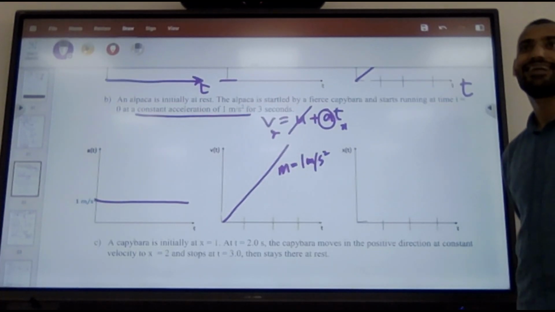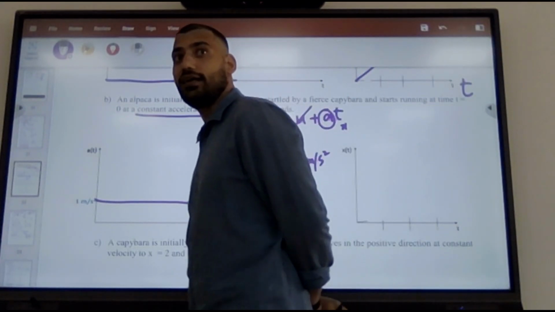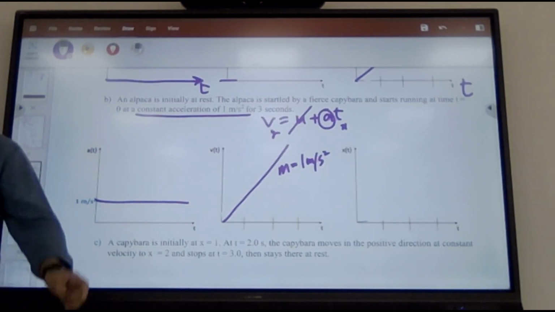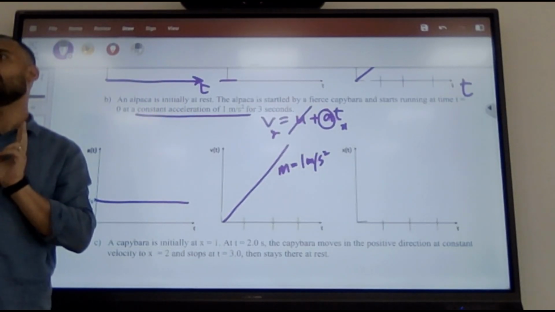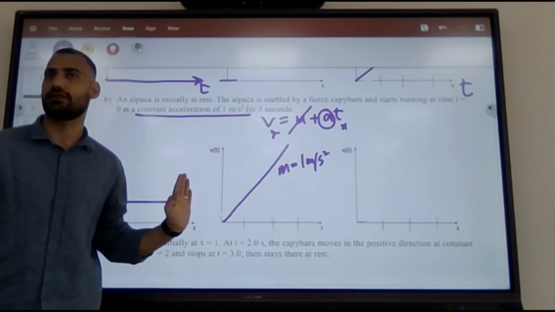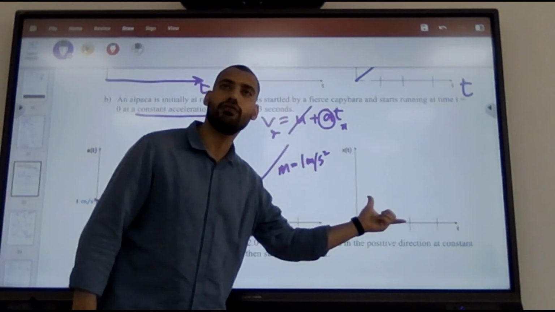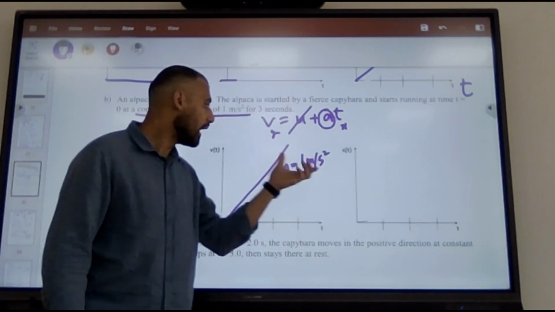Exactly. So now you understood what is happening. There are two ways in which you can understand. First, the velocity is not constant. It is changing. So how do you get velocity?